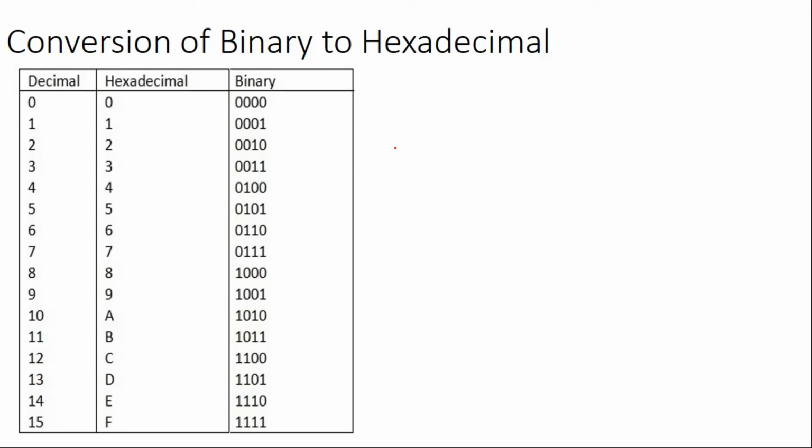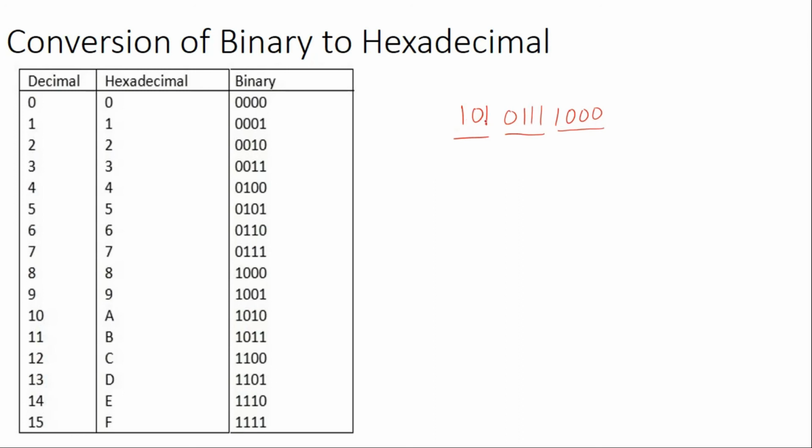Now conversion of binary to the hexadecimal number system. Suppose we have 101 0111 1000 base 2. We have to convert it into the hexadecimal number system. In octal we used to make groups of 3. Here we will make groups of 4. So this is the first group, this is the second group, and this is the third.